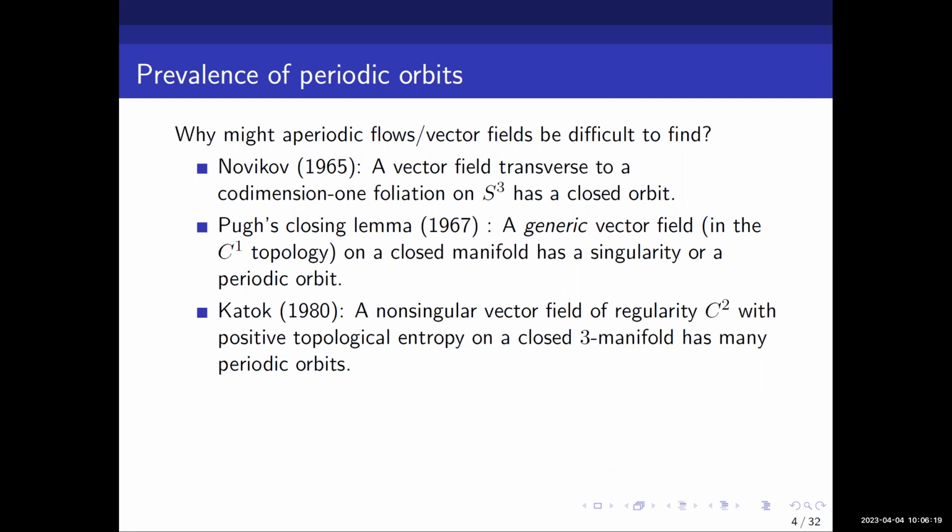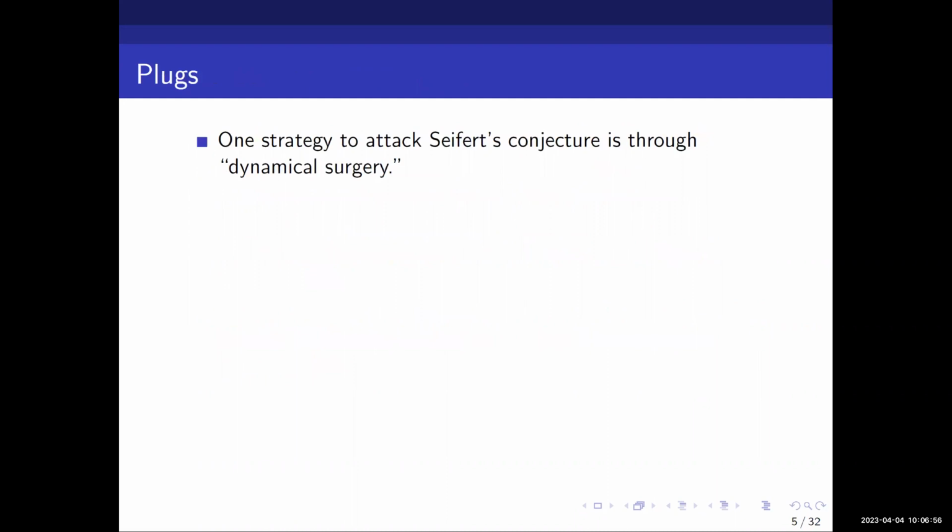His theorem is that if you have positive topological entropy, then you not only have a periodic orbit, you have an entire hyperbolic set, which supports some measure with non-trivial Lyapunov exponents, and therefore you have infinitely many periodic orbits, and you have all the nice hyperbolic dynamics behavior. So you would expect these sorts of aperiodic flows to be pretty rare, given this paradigm.